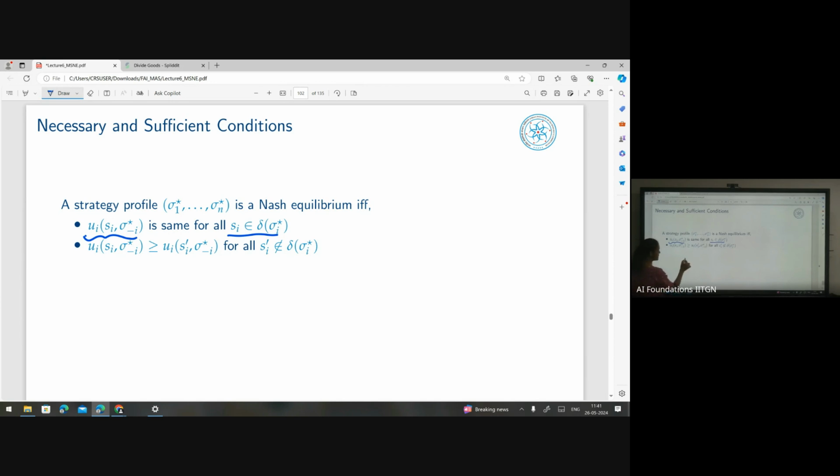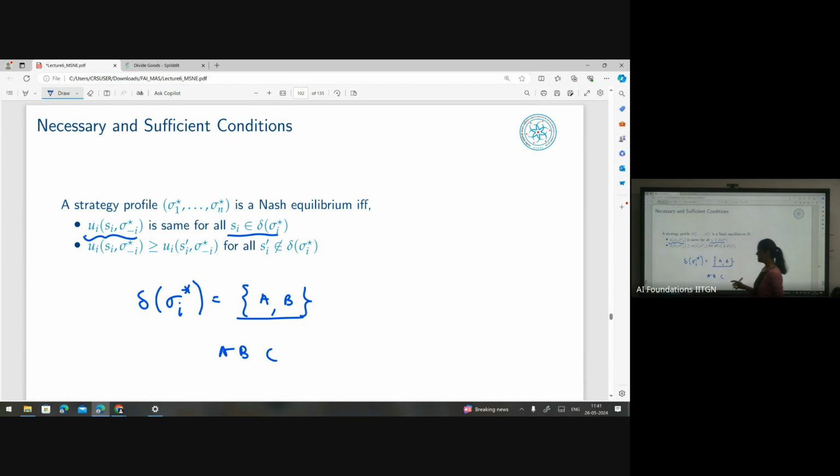For example, the support of sigma i star could be A and B. I had three strategies, A, B, C, but I only assign positive probability to A and B. Since I'm assigning positive probabilities to both of them, and I'm not deterministically picking any one of them, I am essentially indifferent between them.